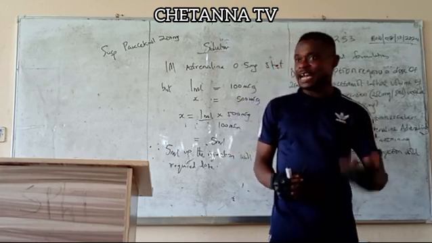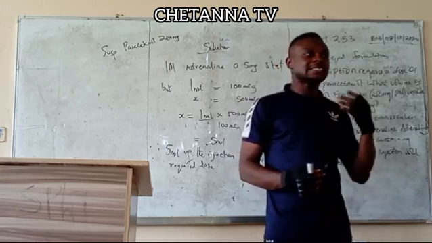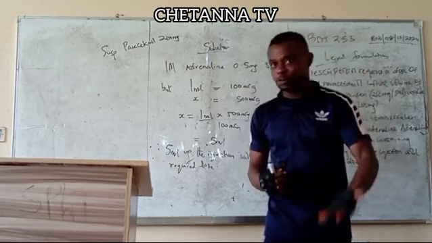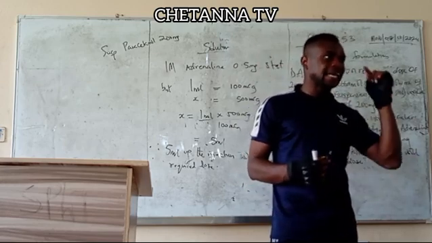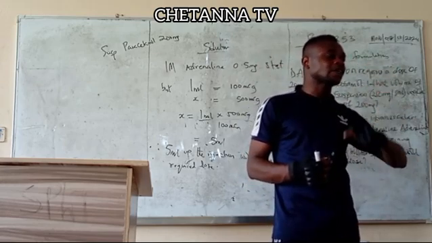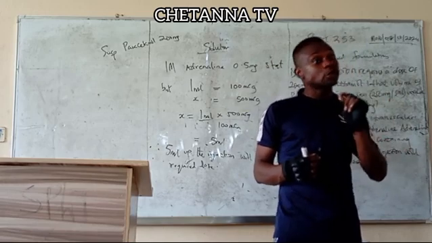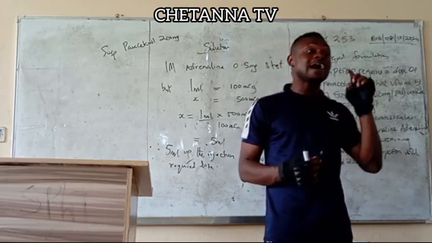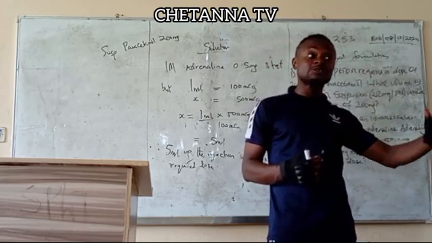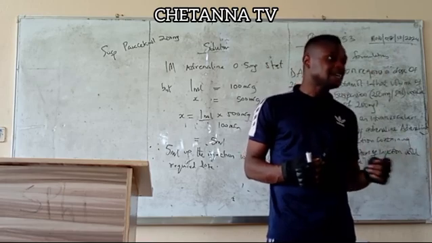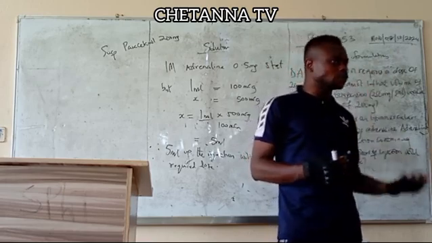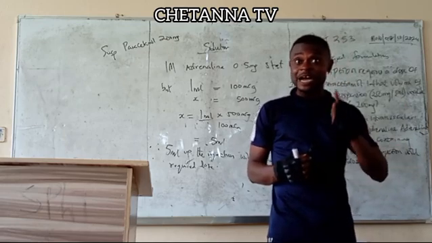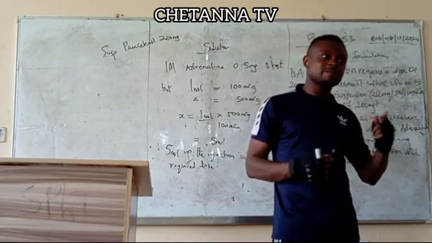Something like diclofenac sodium or diclofenac potassium comes in the strength of 50 milligram. Some also come in 100 milligram as controlled release formulations. The maximum daily dose of diclofenac is 150 milligram.